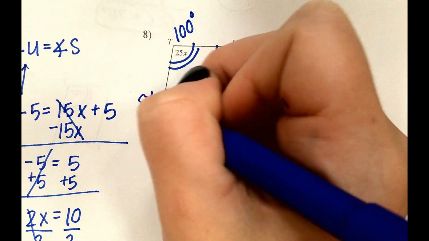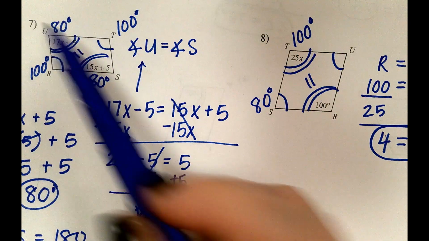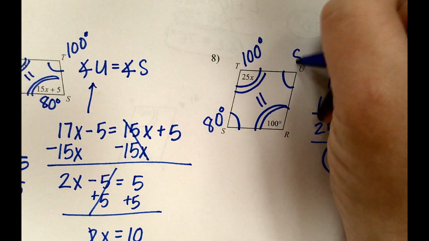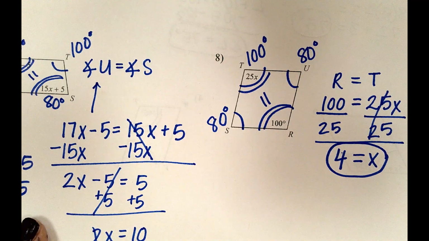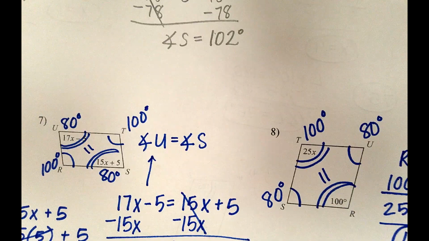It's just like the problem right before it. We have opposite angles that are 100 and opposite angles that are 80. Good. Okay, so we've run through a few opposite angle examples.